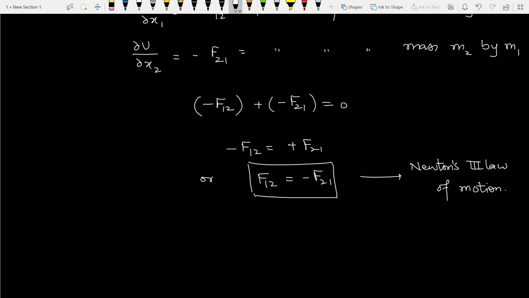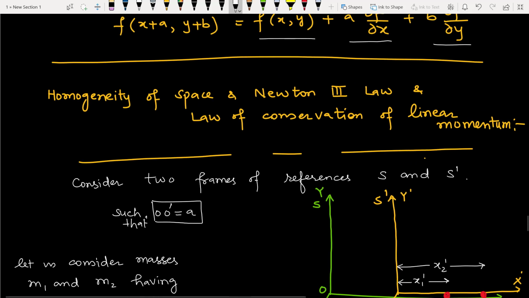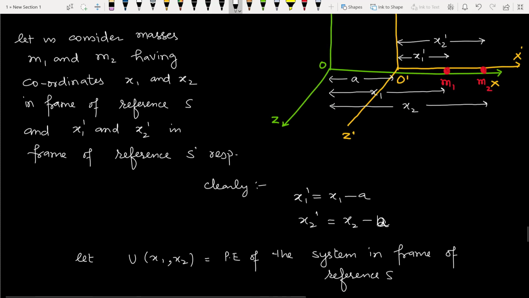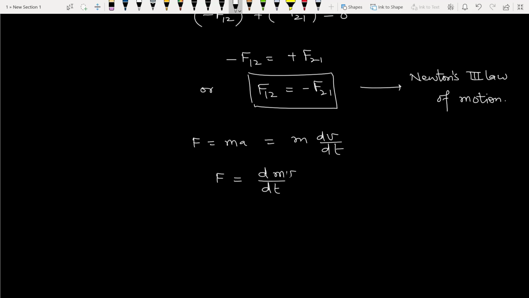Now we switch to the second finding that we have to prove in this article, the law of conservation of linear momentum. For that we need a very basic formulation, F is equal to ma, and acceleration is equal to rate of change of velocity. So m, being constant, goes inside: F equals d by dt of mv.